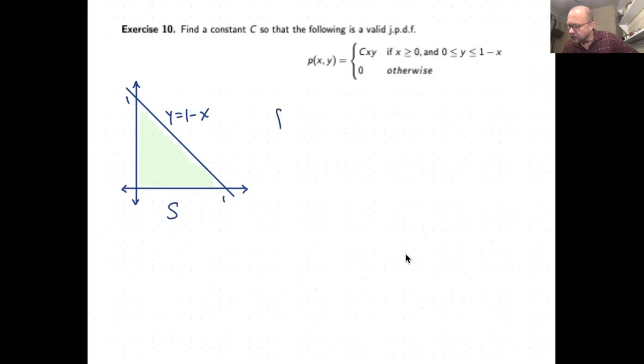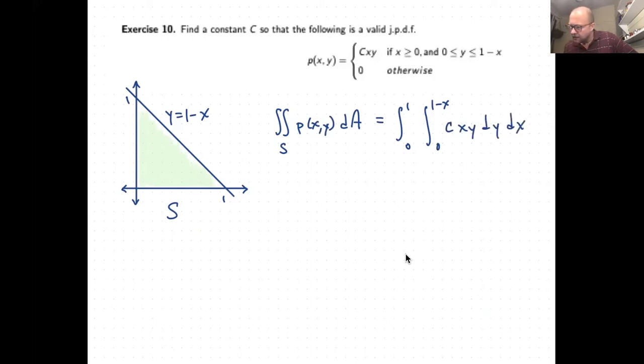And so we're going to do the double integral over the support. We don't have to do the integral over anything else because the probability density function you're working with here is going to be 0 everywhere except the support. So we can see from the picture that our x's go 0 to 1 and our y's go 0 to 1 minus x. And in this region, we're getting the cxy, and then we'll say dy dx.